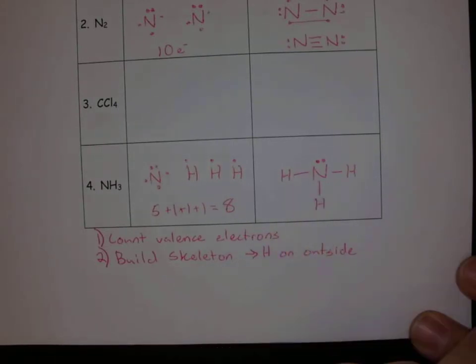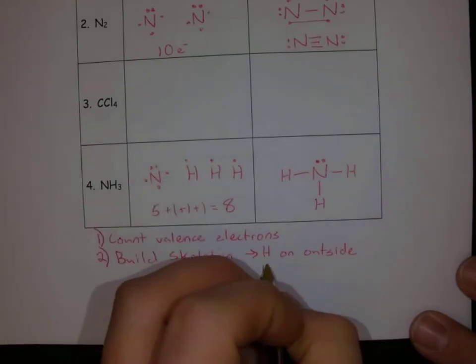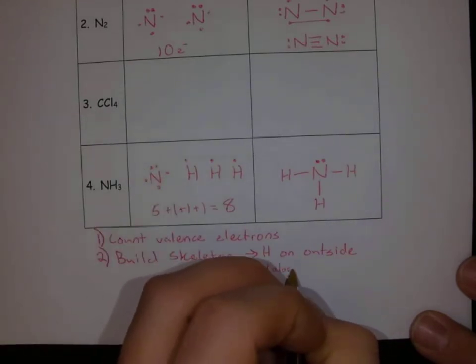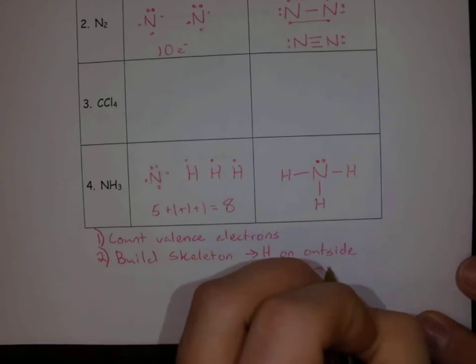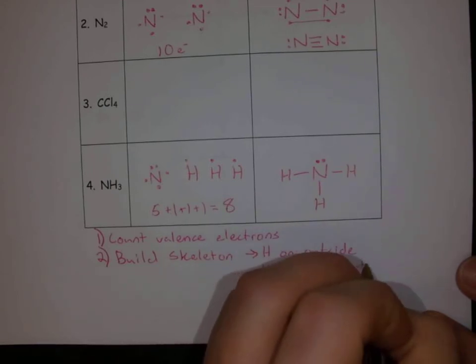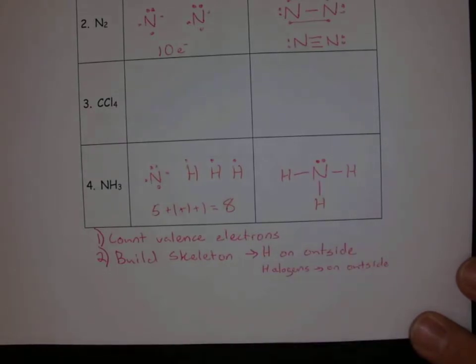It's only going to be on the outside. Our halogens also generally like to be on the outside. Not always, but they generally like to be on the outside as well.